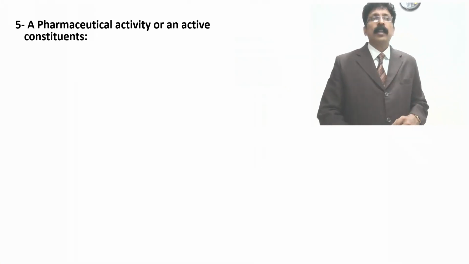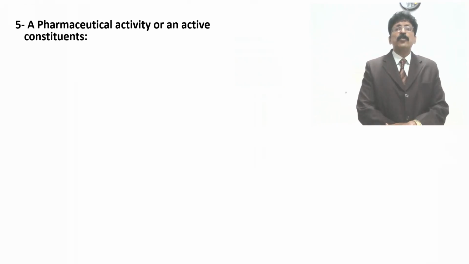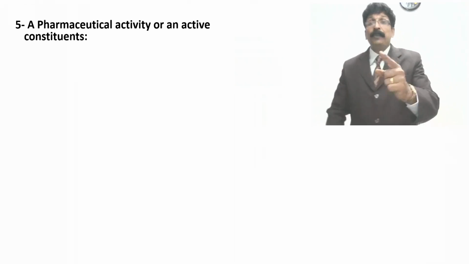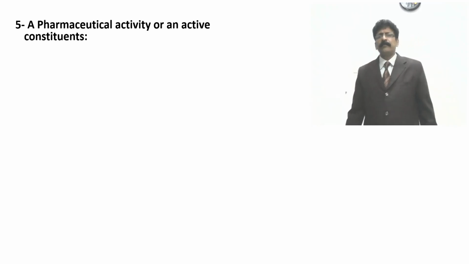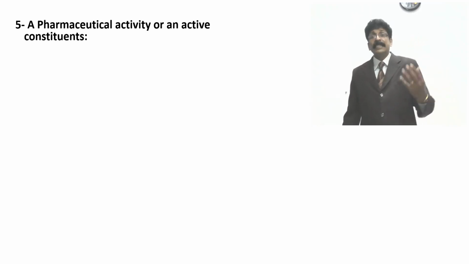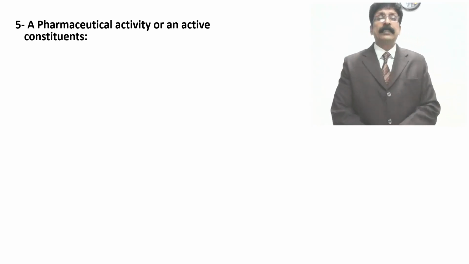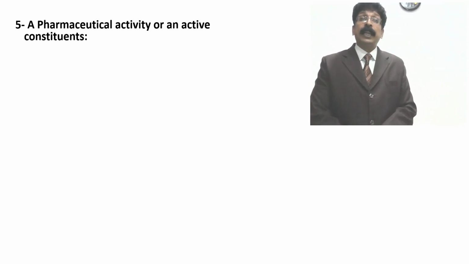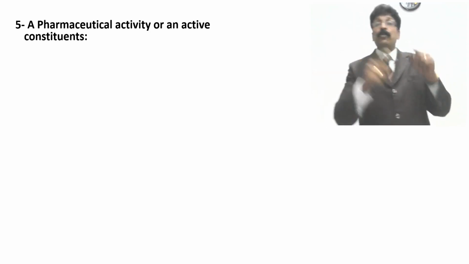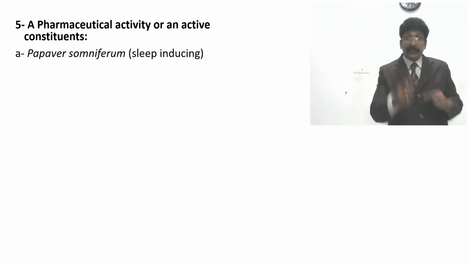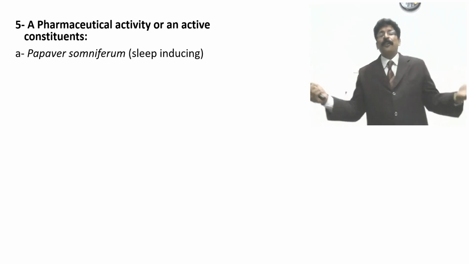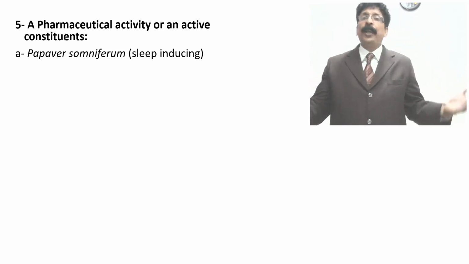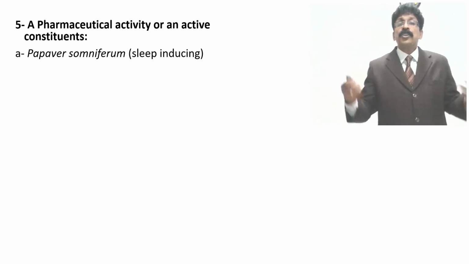And the fifth one, the pharmaceutical activity. Even the activity, the active constituents' activity, is also mentioned in the names of the species. Example, Papaver somniferum. Somniferum means sleep inducing.